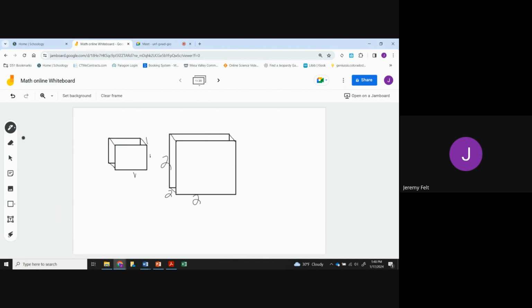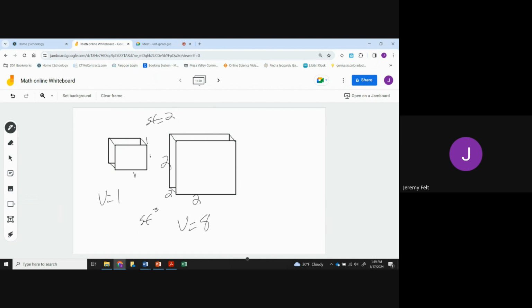Scale factor, again, is 2. The volume of this, 1 times 1 times 1, 1 cubic unit. Volume of this one, 2 times 2 times 2 is 8 cubic units. So it went up by the scale factor to the power of 3. The scale factor was 2, so 2 to the power of 3 means the volume is 8 times bigger than the original.